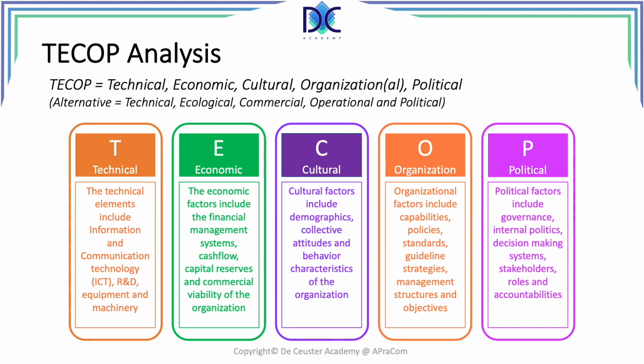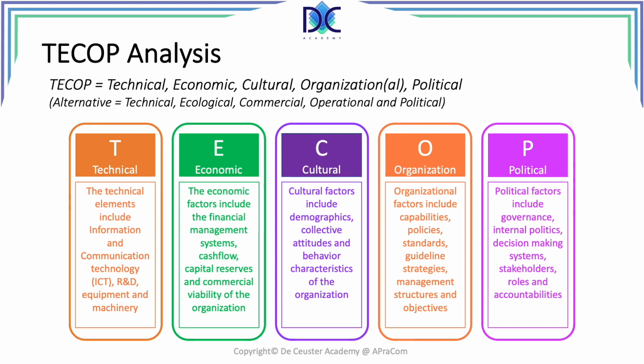Technical, we look at information and communication technology, R&D, equipment and machinery. Economic, financial management system, cash flow, reserves, commercial viability of the organization. Cultural means demographic, collective attitudes and behavior of the organization.